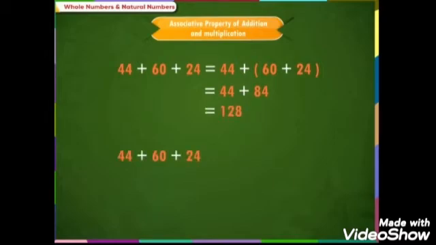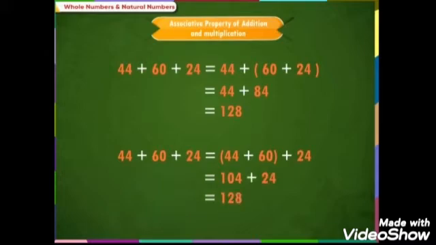To add these 3 numbers, we can also associate the first 2 numbers. That is (44 plus 60) plus 24 is equal to 104 plus 24, which also gives 128. In both the cases, the sum is the same, which is equal to 128.